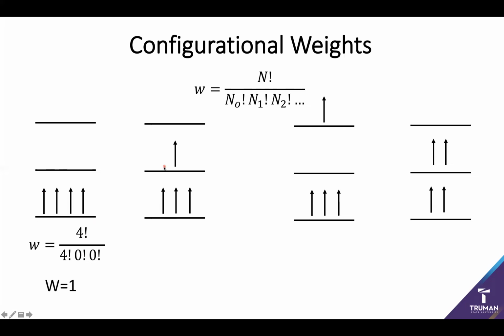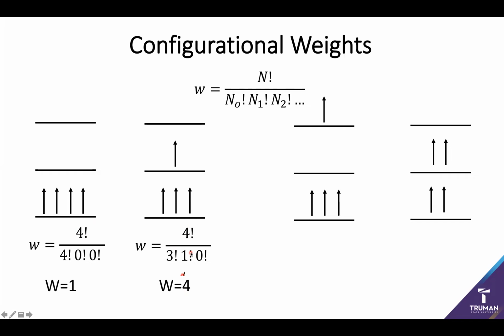Similarly, if I move one particle up to that first excited state, I've got four particles total, so 4 factorial, divided by 3 factorial, times 1 factorial, times 0 factorial. You crank the numbers, and what ends up happening is we're left with 4. Because again, you can think of 4 factorial as 4 times 3 factorial.